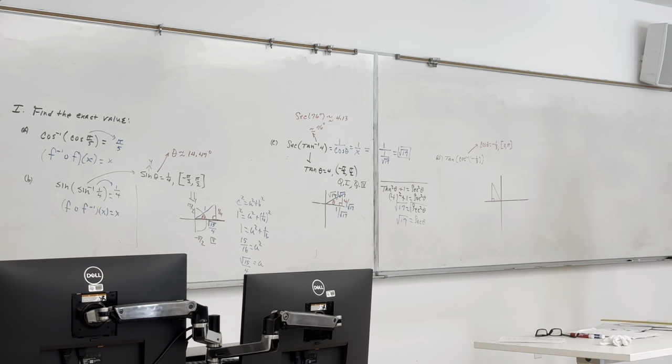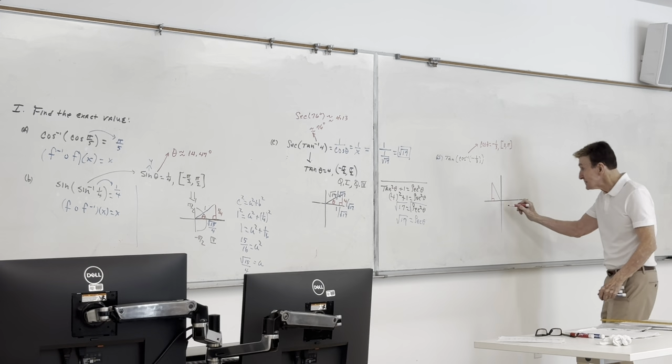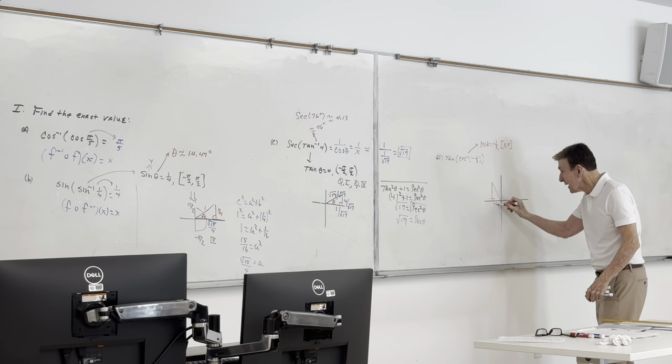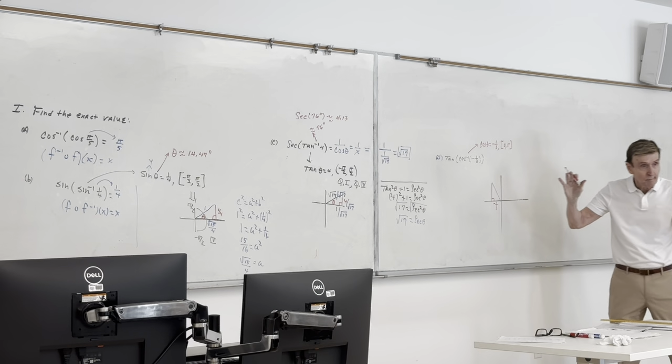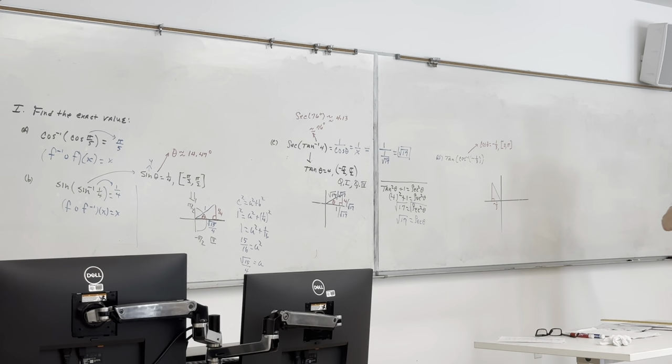I know the cosine's negative 1/3. On the unit circle, the definition of cosine is x. So if I place negative 1/3 right here, that's x. That's cosine.